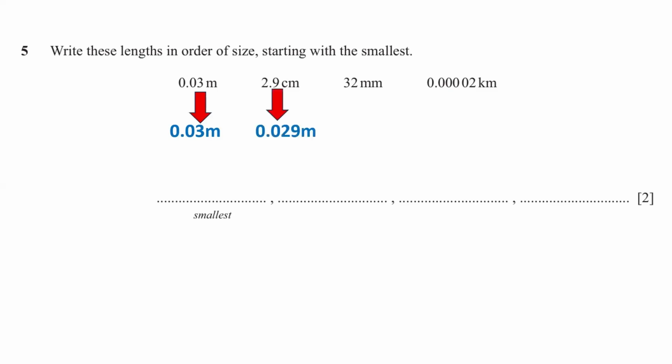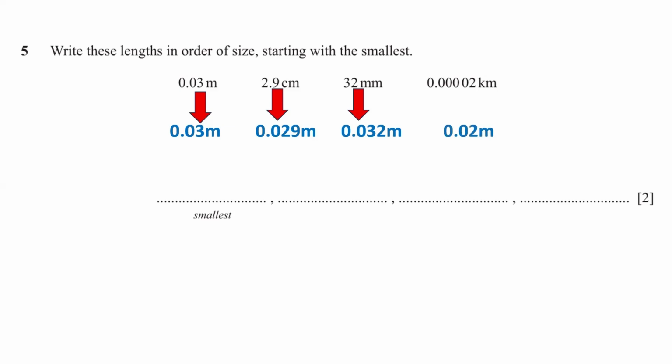For 32 millimeters, we are going to divide by 1,000 to convert it to meters. This gives 0.032 meters. Finally, multiply 0.00002 kilometers by 1,000 to convert to meters, and this gives 0.02 meters.